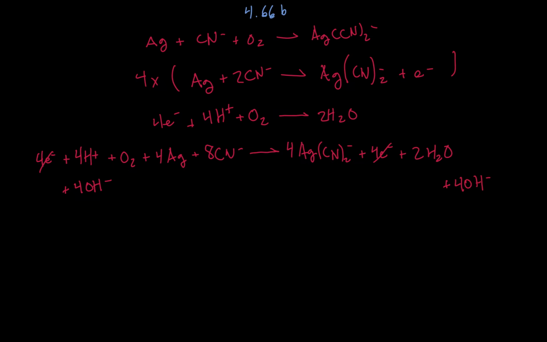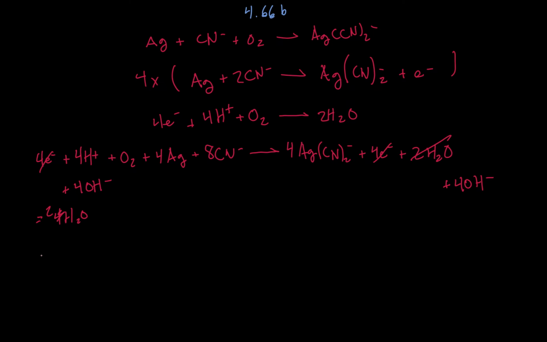Once we have these things added and they've converted to water here, then we're going to cancel out as many waters as we can. In this case, this is going to add 4 H2O over here, and this is going to be 2 H2O. So we can cancel out these H2Os and leave 2 H2O over here.